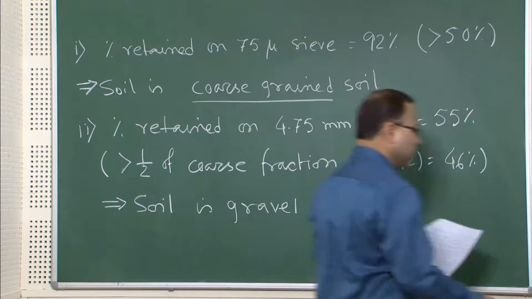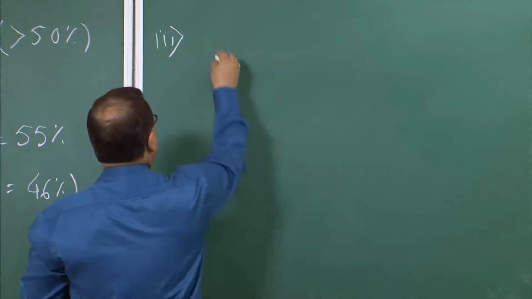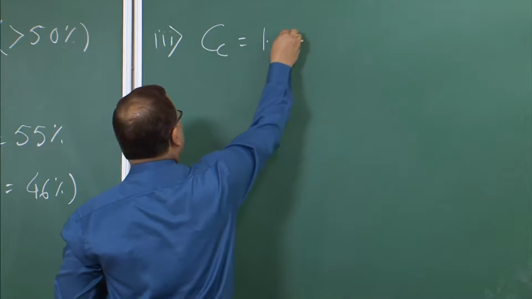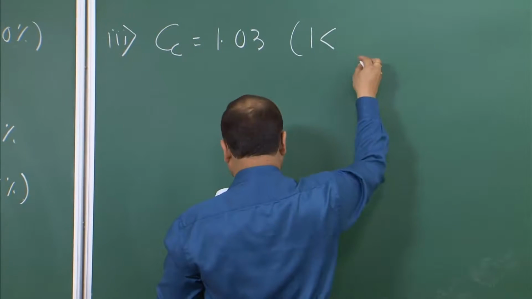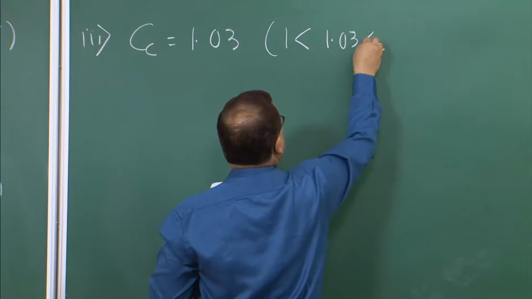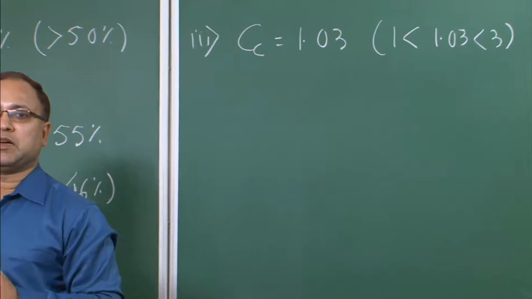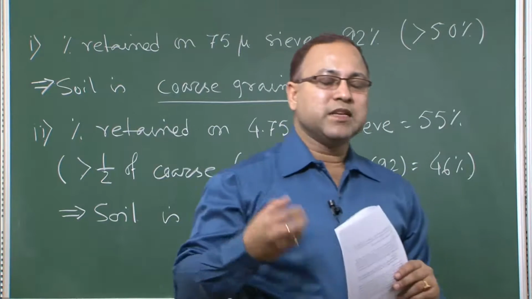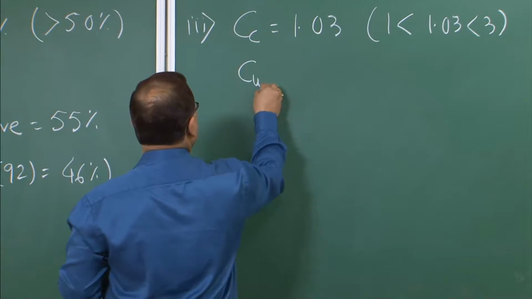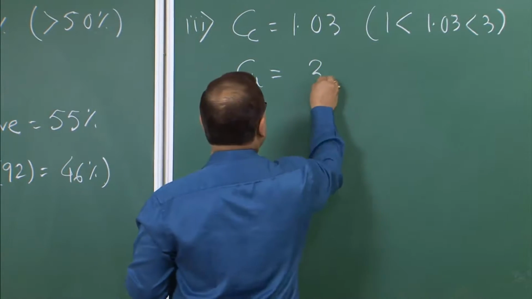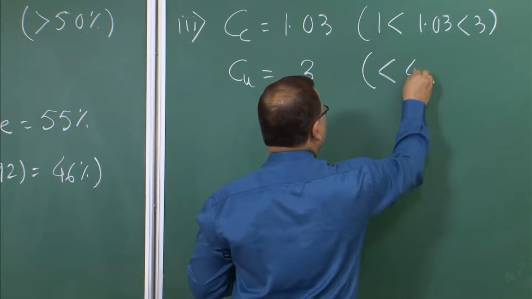Now, in the third piece of information we have Cc equal to 1.03, which is coming within this range, that is okay, but that is not enough to classify the soil or to tell something about the soil gradation, right. So, you have another parameter, that is Cu, which is given as 3 in the problem. But this is less than 4.